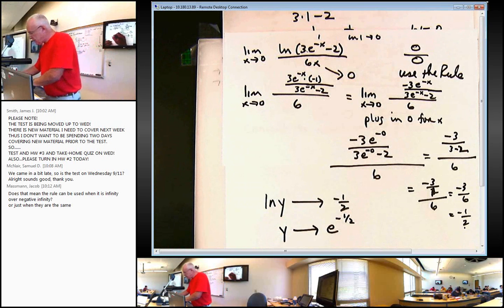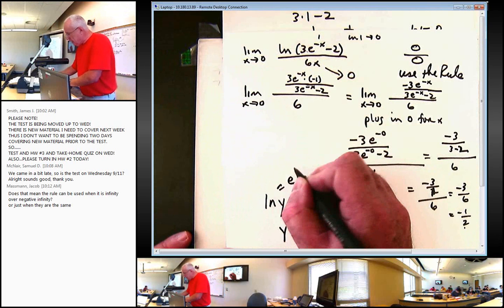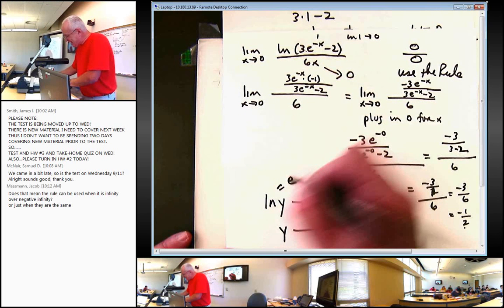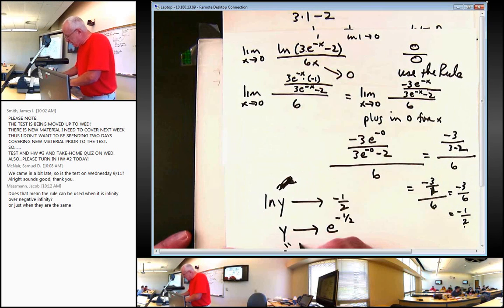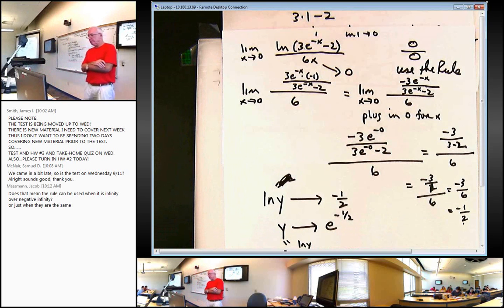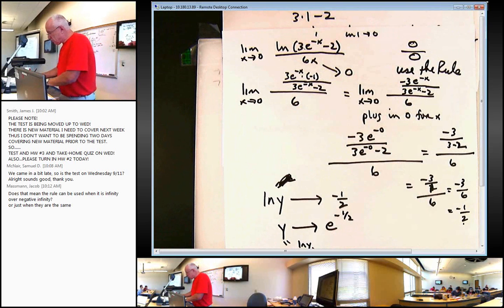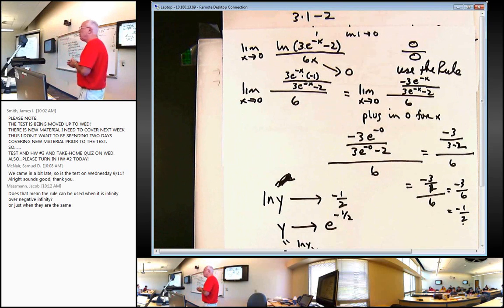And it's all based on the fact that y is equal to e to the natural log of y. This is going to minus 1/2, so our y is going to e to the minus 1/2 power.